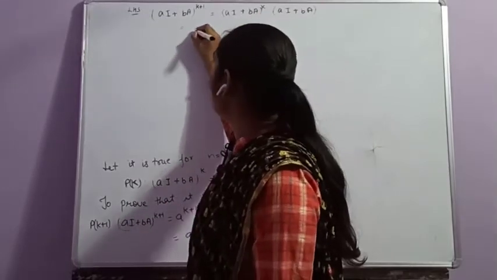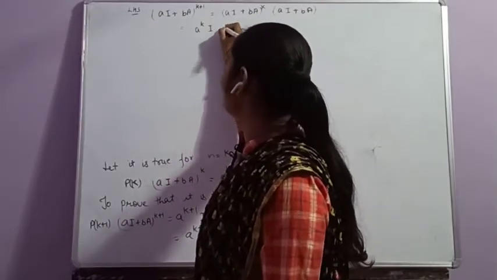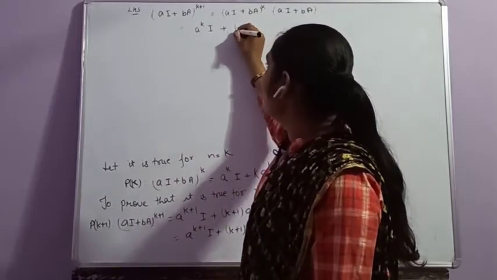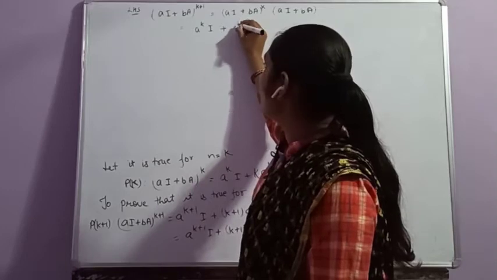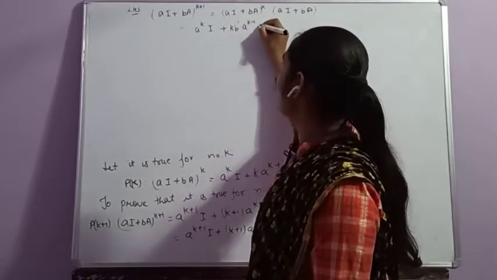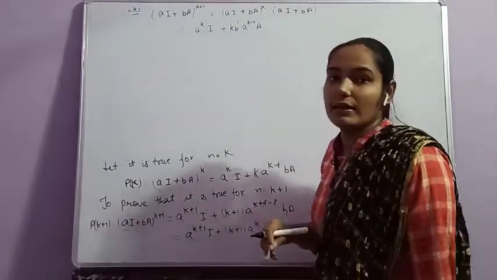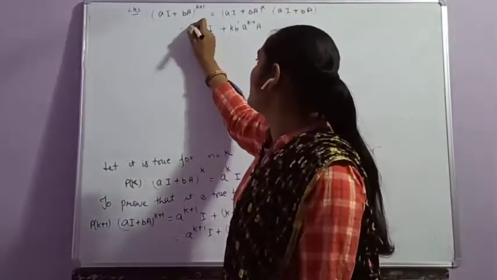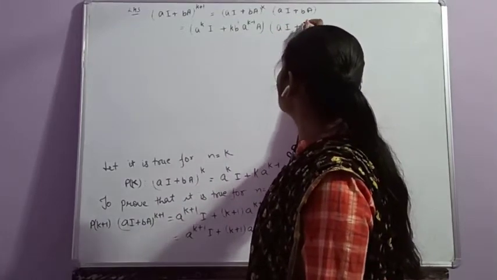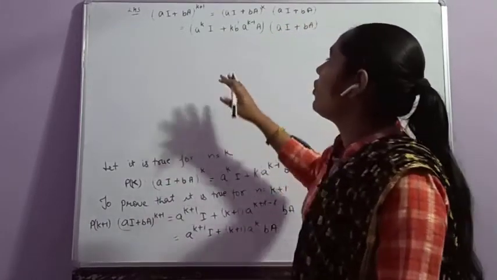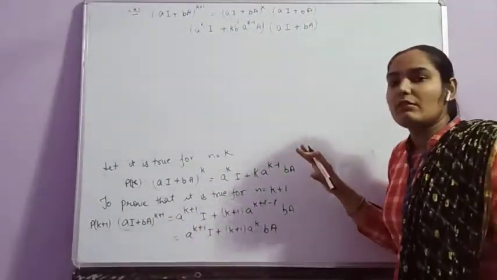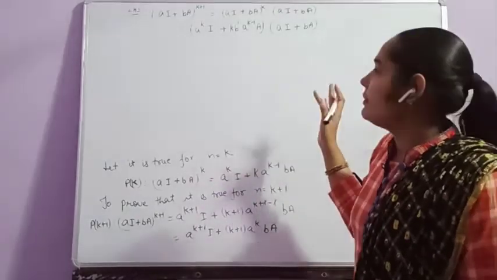That is a^k I plus k b a raised to the power k minus 1 into A. Clear? We consider only two terms. As we go on to higher terms, the power of A increases, so it will be equal to 0, or you can say that it will be negligible.